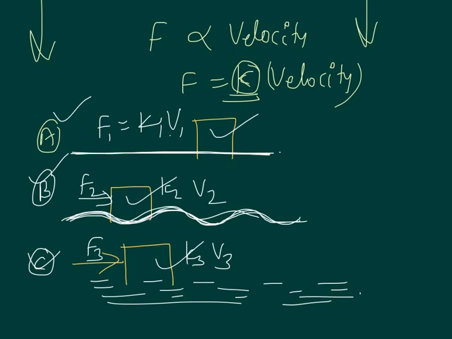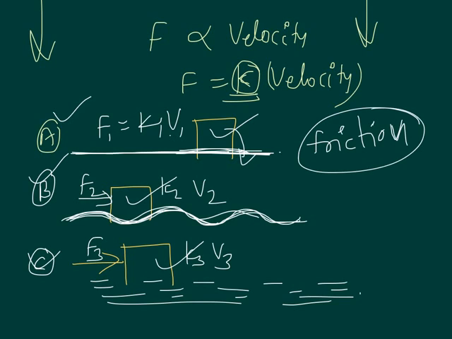The property of the surface is simply the friction between this body and the surface. So the friction is responsible for the variation in force and velocity for the same object.